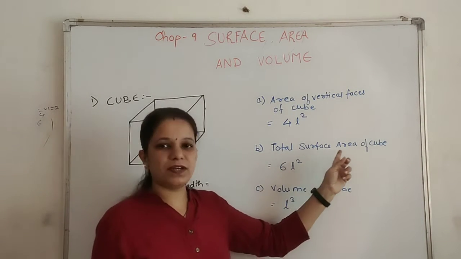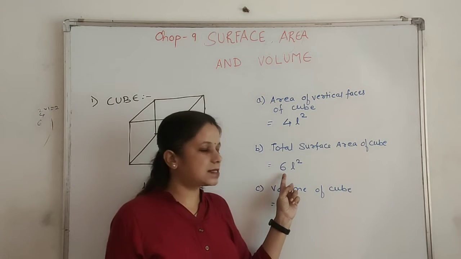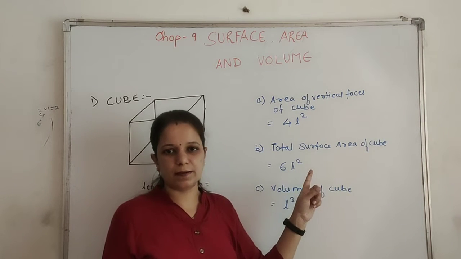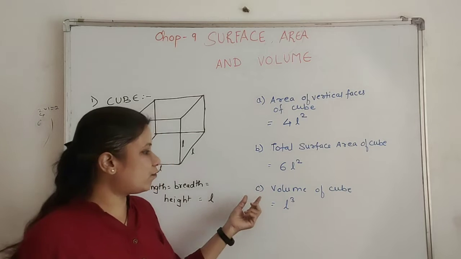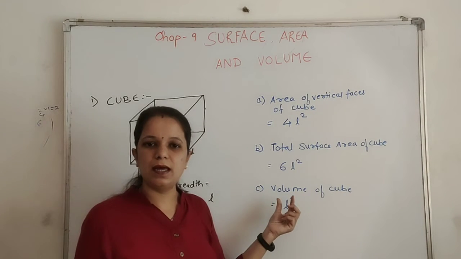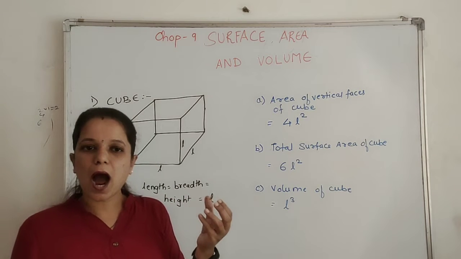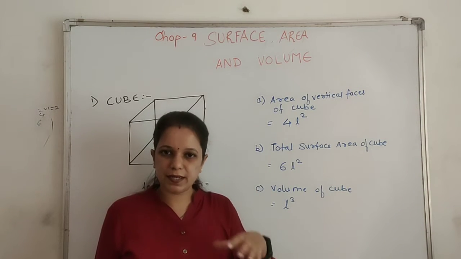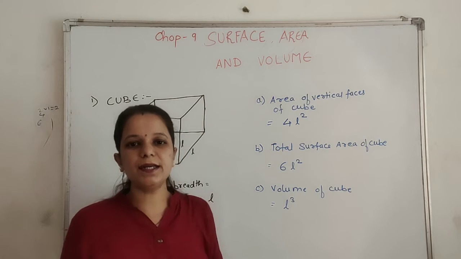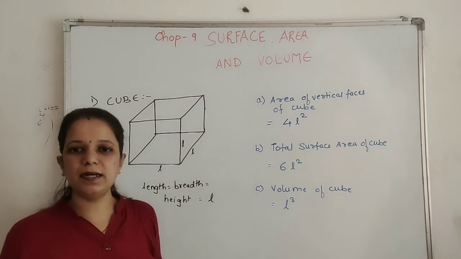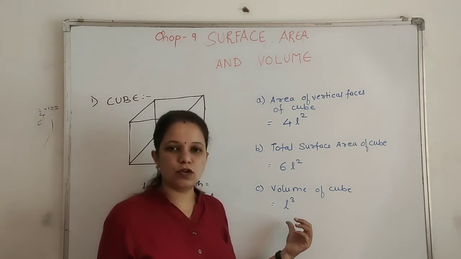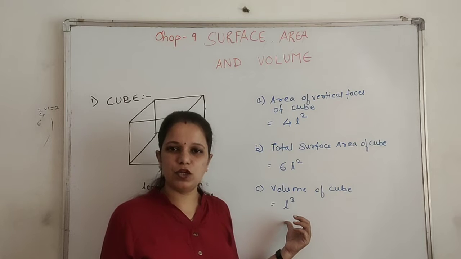So total surface area is 6L square. Okay? And volume of the cube is L cube. Volume generally tells you how much material or how much quantity you can keep in that container. So volume of the cube is given as L cube.